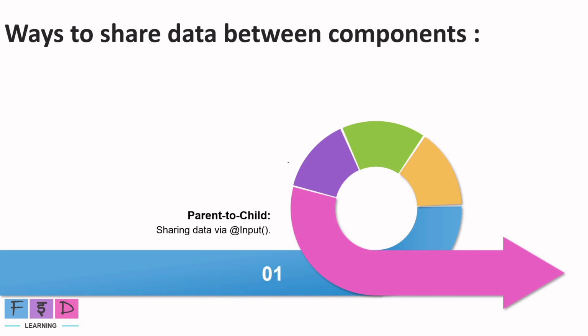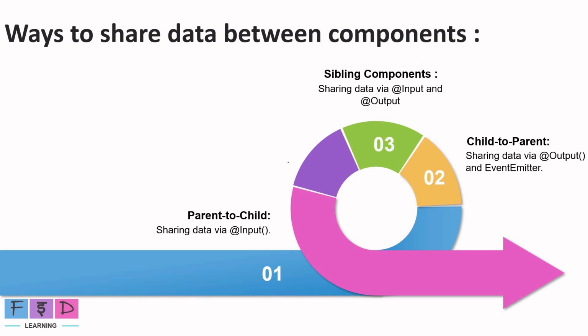First, parent to child, sharing data from parent component to child component via the @Input decorator. Second, child to parent, sharing data from child component to parent component via the @Output decorator and EventEmitter. Third, sibling components, sharing data between siblings via input and output decorators.